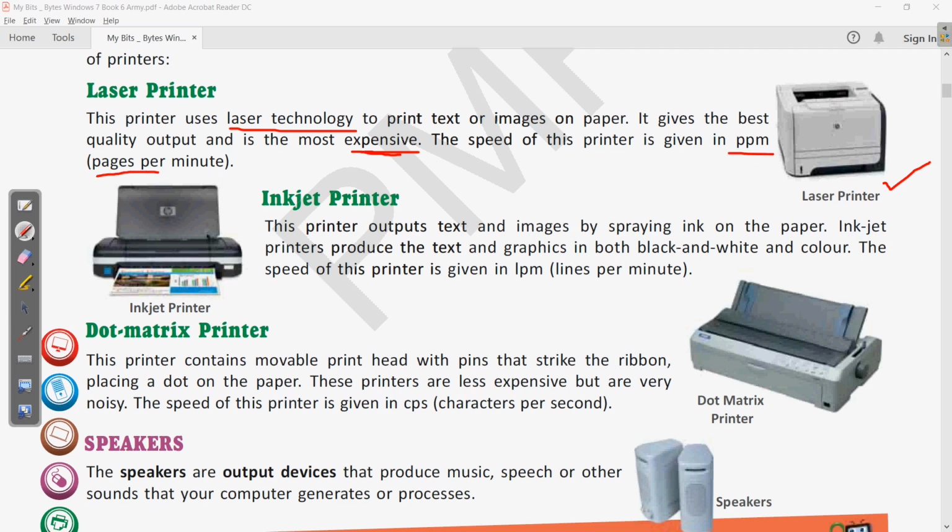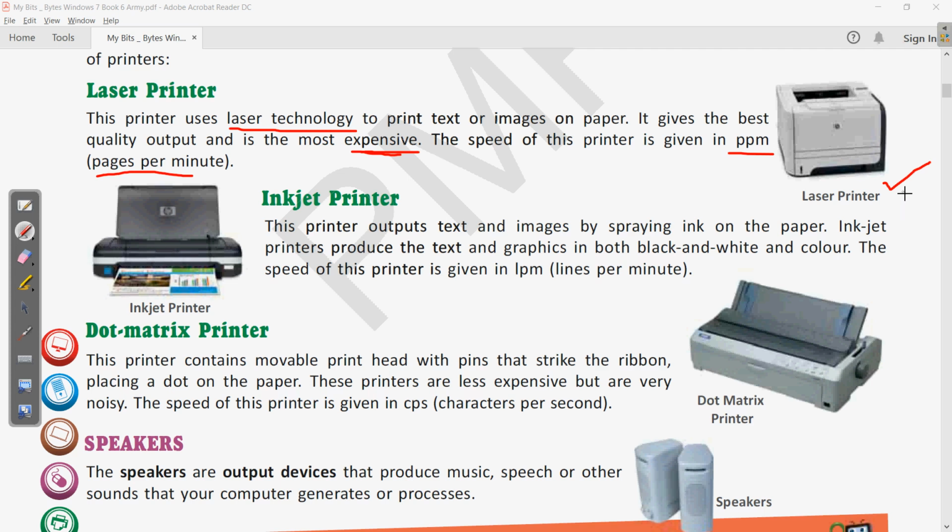Clear? Mostly when you go to cyber cafes, or also in offices, these days these laser printers are used for printing different things. Mostly you can see photographs when they are printed. So photo printers are also an example of these laser printers.